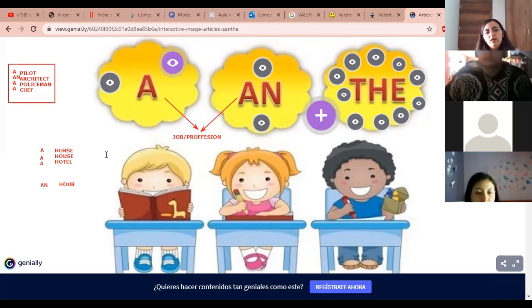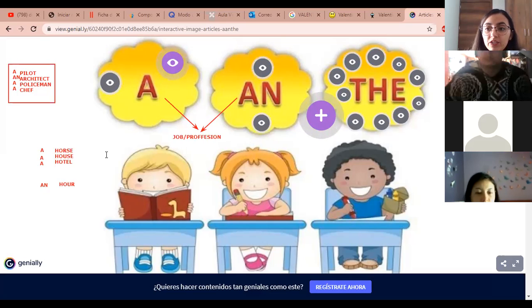Why do you think is this change? ¿Por qué en unas utilizamos a y en otras an si las dos empiezan con H? Sound. Perfect, the sound. In the first three words, we have horse, house, and hotel.